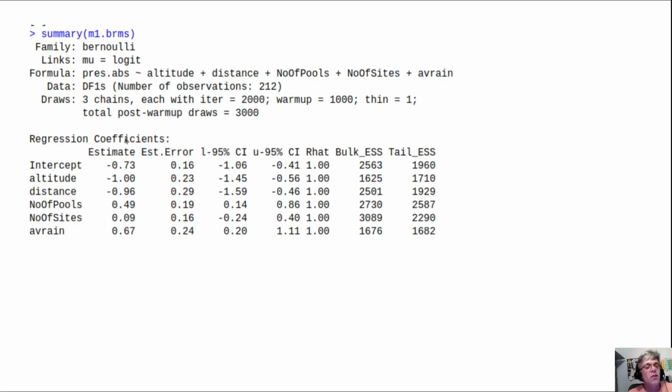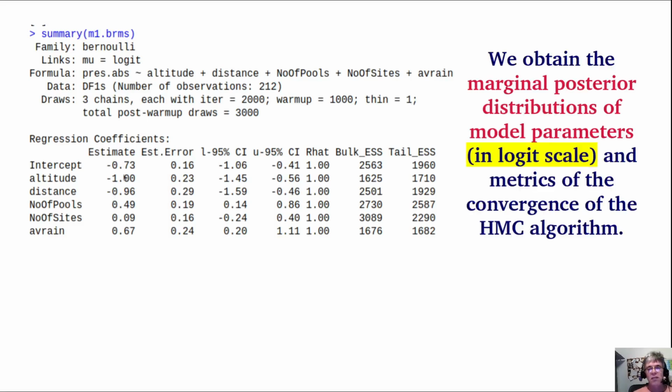For the summary of the fitted model, the command is nearly the same as before, with 2000 iterations, 1000 of them warm-up. We then use a thinning rate of 1, and here we find the marginal distributions of the model parameters on the logit scale, where the parameters are estimated, and the convergence metrics of the Hamiltonian Monte Carlo algorithm.